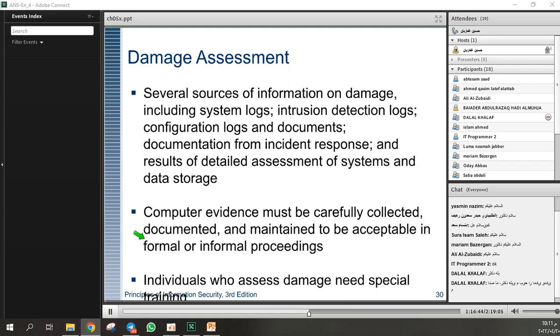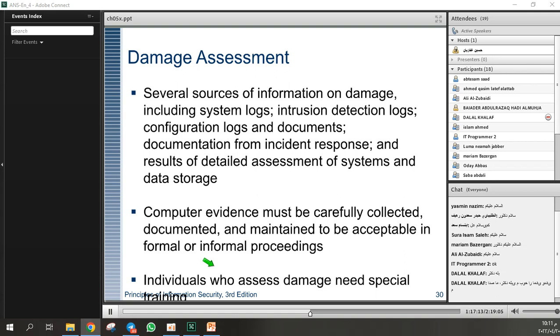Maybe, for example, if we need to go to court, we need evidence. Okay. So we need to collect, document, and maintain everything in an acceptable format. Maybe formal or informal, I don't know.